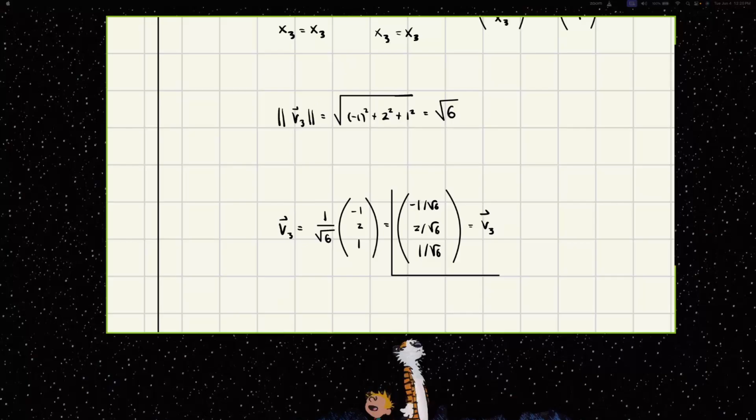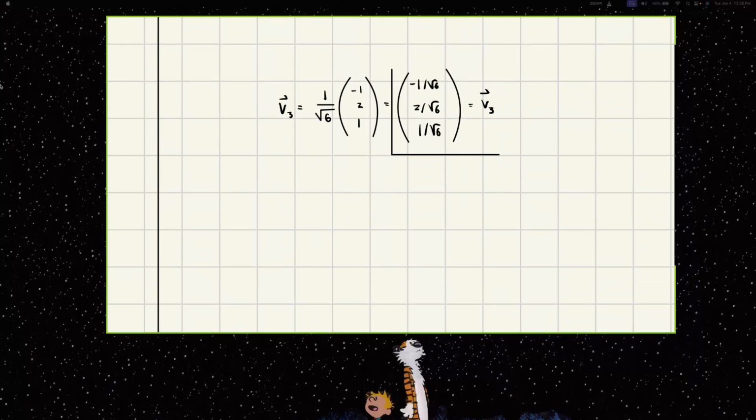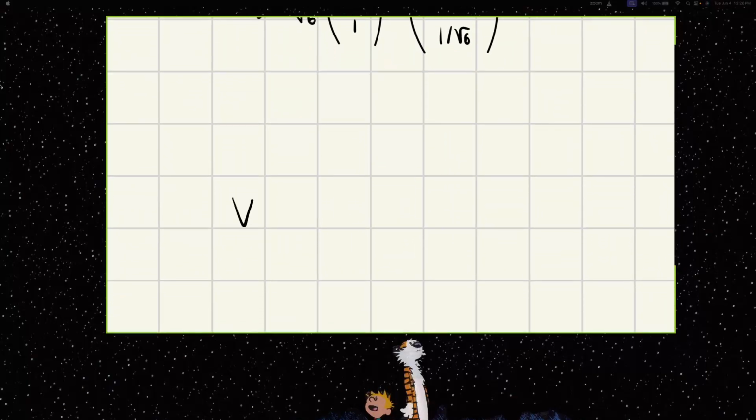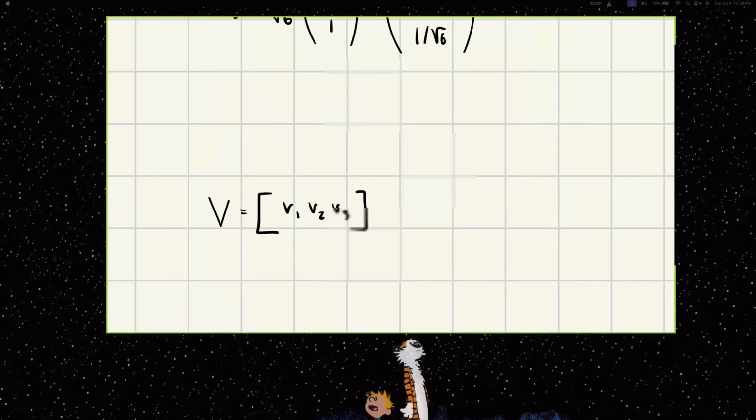So let's see here. V is just going to be columns, and in this case the transpose is just going to swap the rows and columns. V is going to be our matrix. It's composed of the basis vectors v1, v2, and v3. So in matrix form, this comes out to the columns of this.